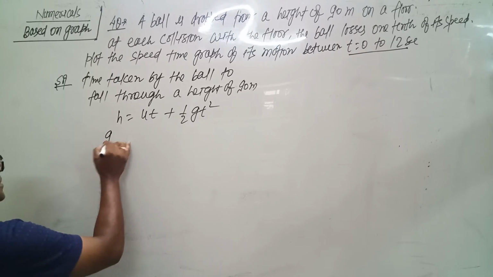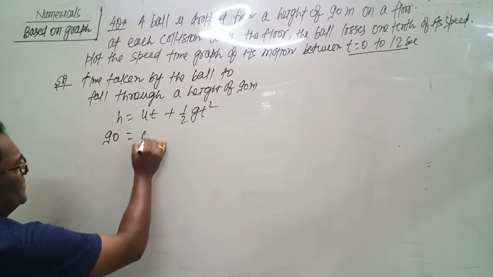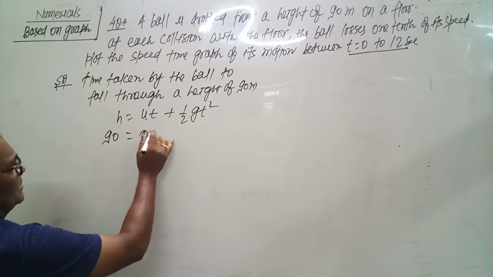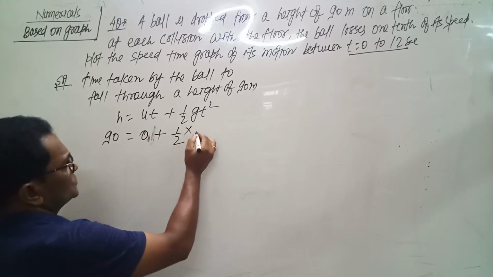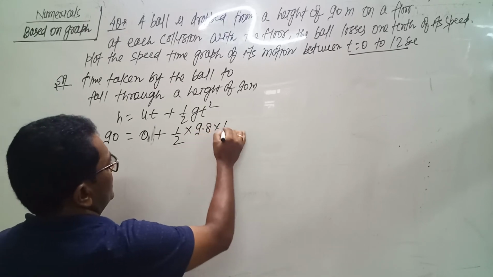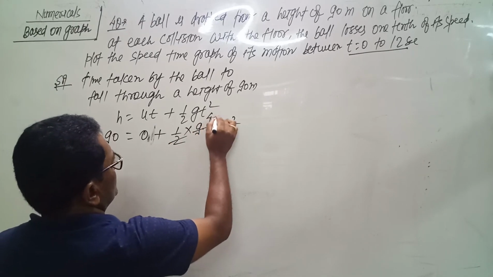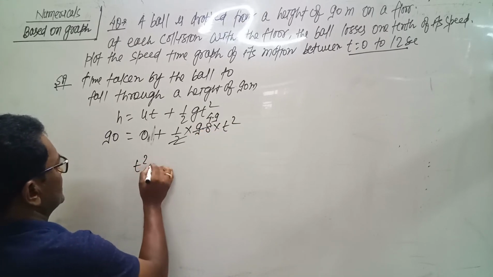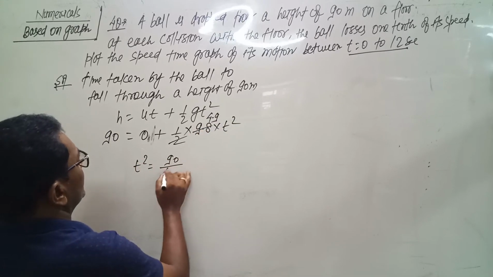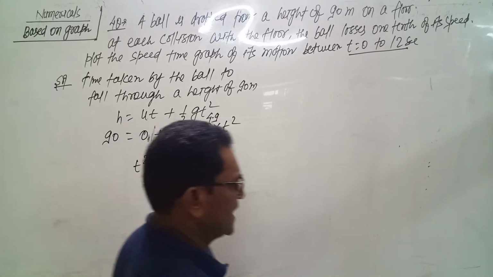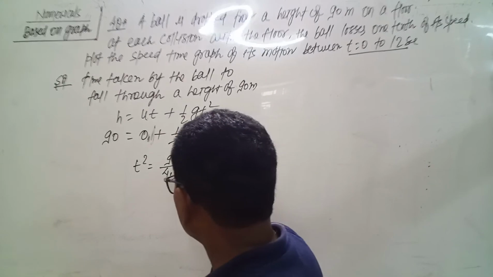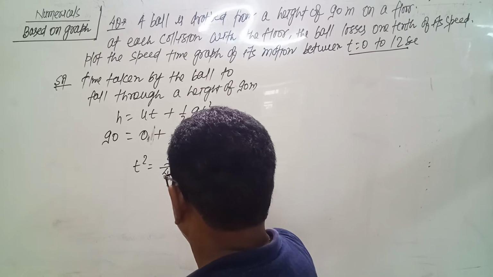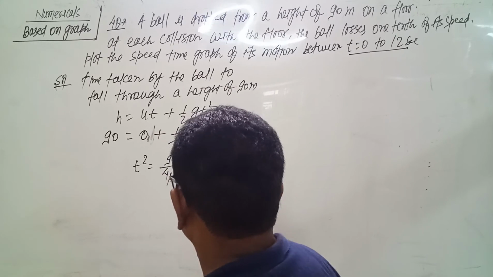So h is given 90 meters, initial speed u is 0, plus half, and g is positive 9.8 into t square. This comes to be 4.9, and t square equals to 90 divided by 4.9, which becomes 900 upon 49.